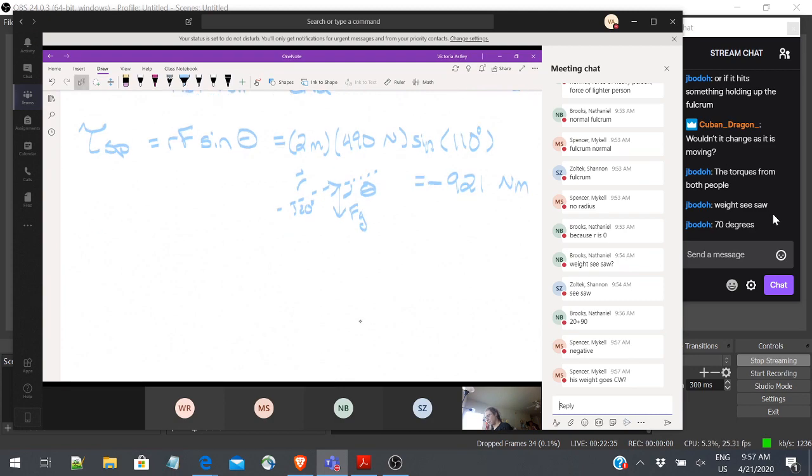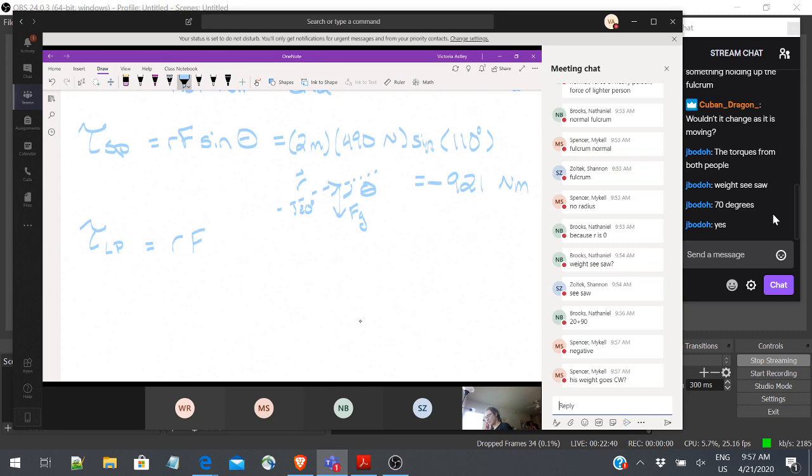Okay. What about the torque for the large person? It's F sine theta, 2 meters. This is 100 kilograms. What's theta in this case?